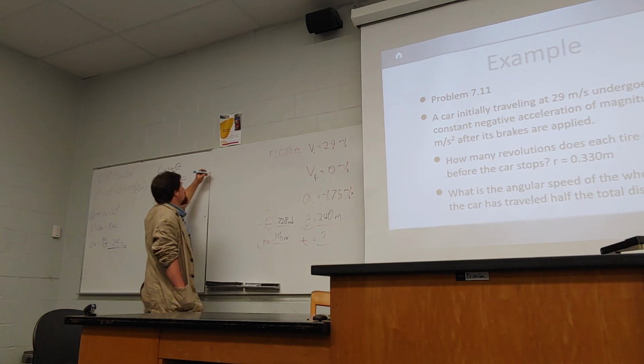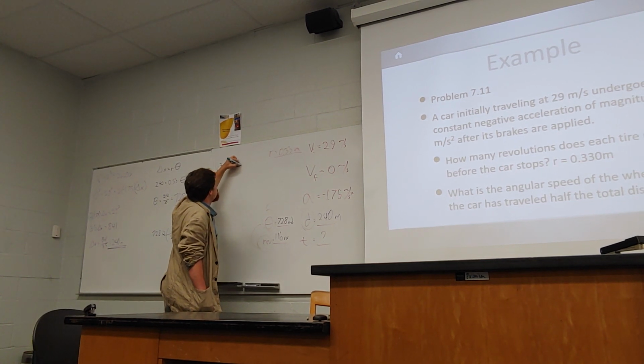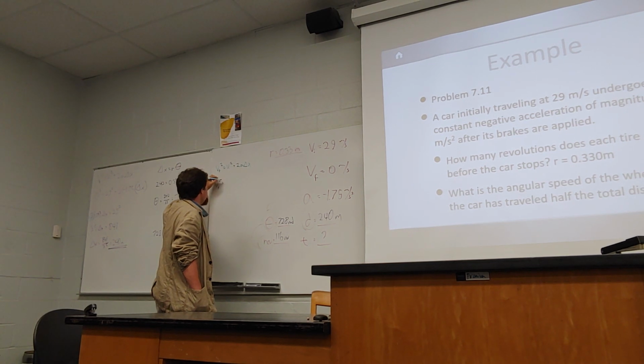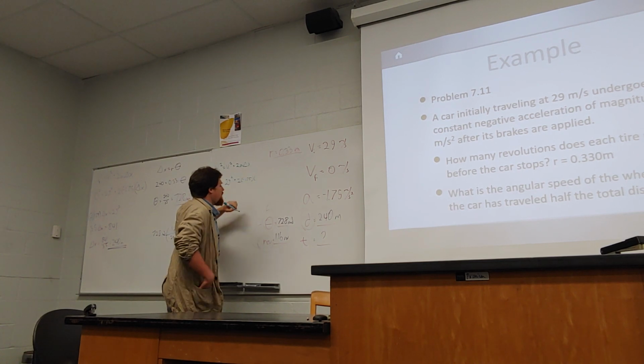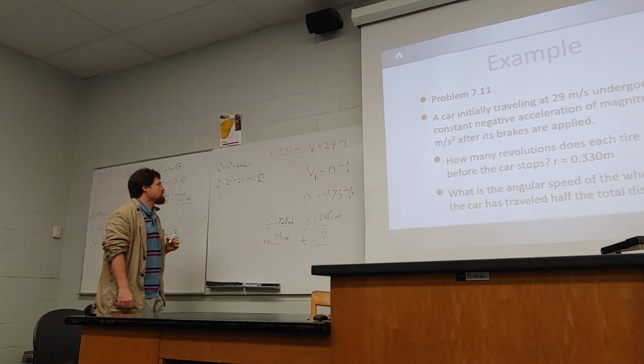So same formula, VF squared equals VI squared plus 2A delta X. We're now solving for VF. Same starting velocity, same deceleration, but now we're looking at a fictional point partway through this process.